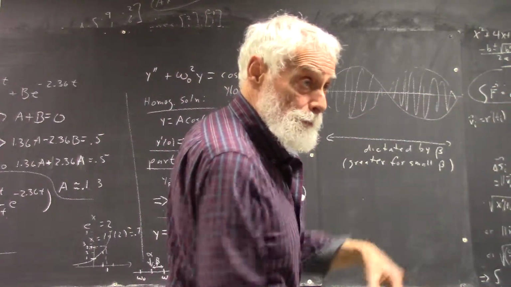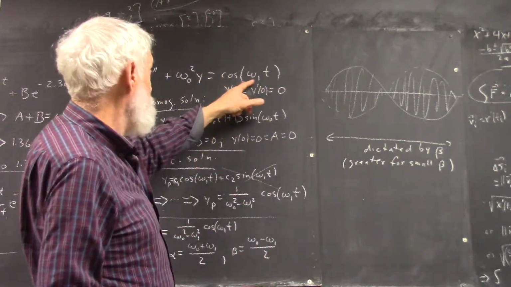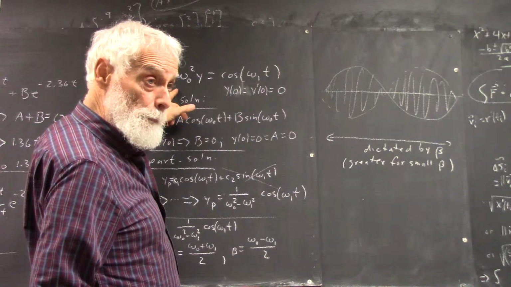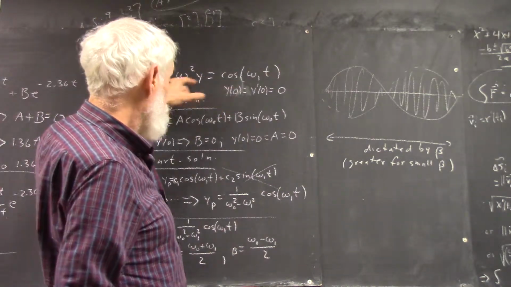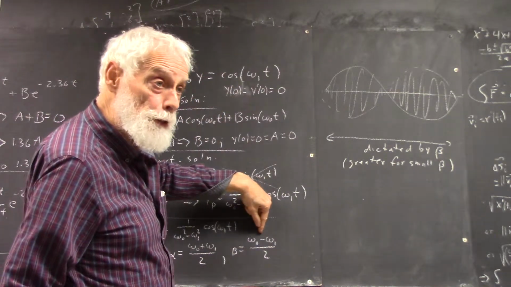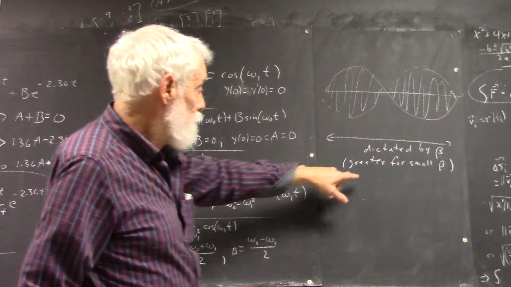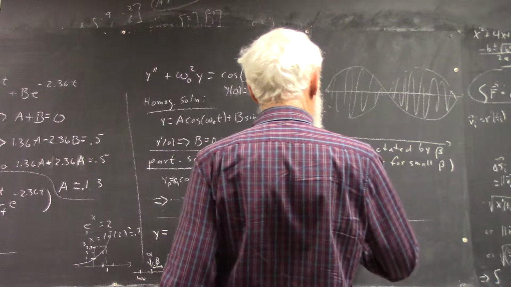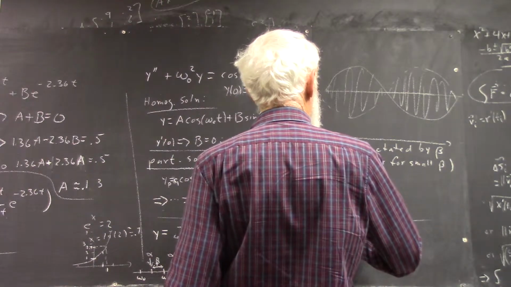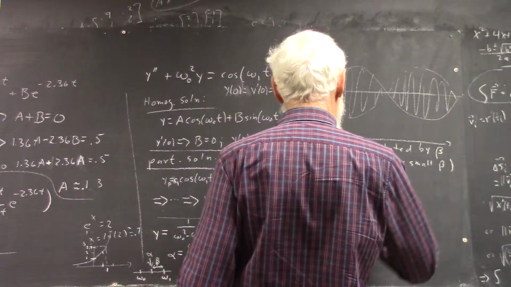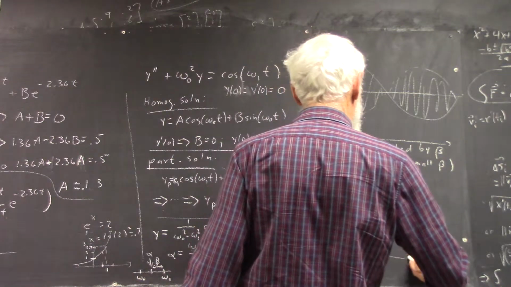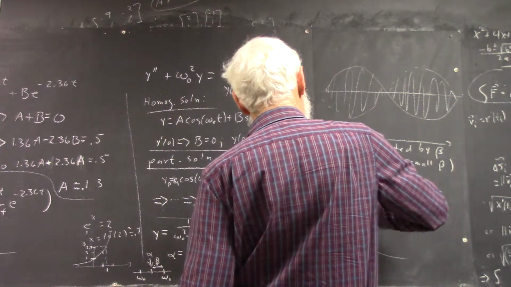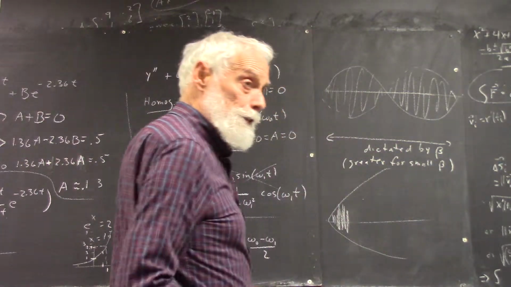as omega 1 approaches omega 0. Because as omega 1 approaches omega 0, this is going to approach 0, right? And beta is going to become infinitely long, and you're going to then end up with something at intermediate stage, you would have this with many, many oscillations, okay?